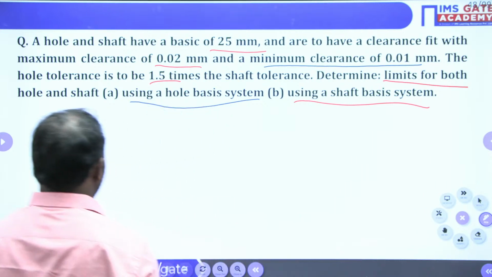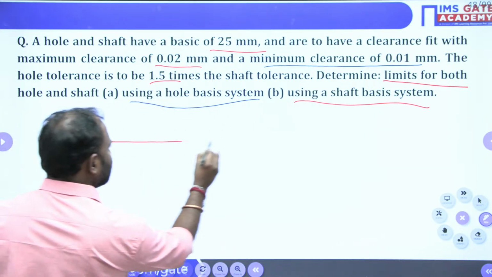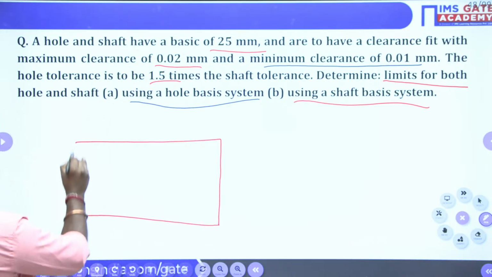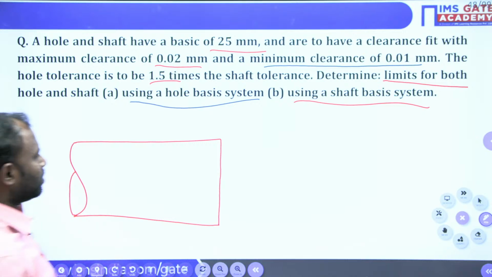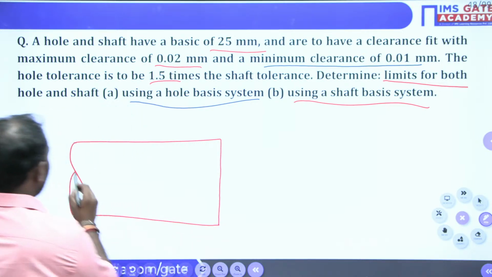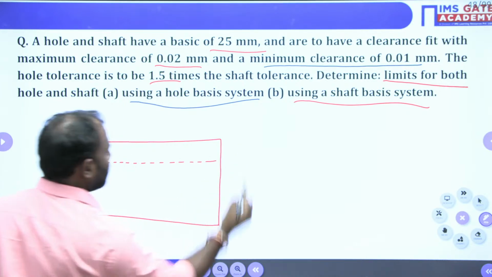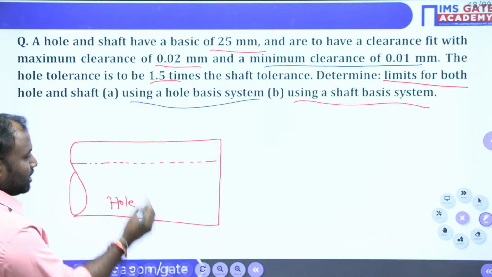Okay, right. Now first I'll draw the hole. Hole. All right. Now hole tolerance is this; I'll consider it as a hole.